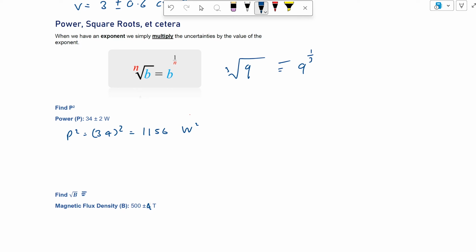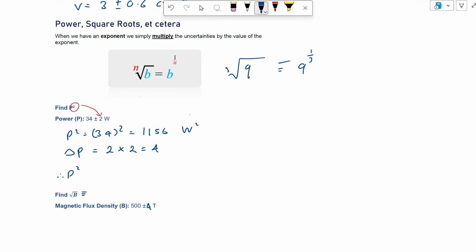And how do we calculate the absolute uncertainty now? Well, we simply take the exponent, which is 2, and multiply it with the absolute uncertainty. So delta P is equal to 2 times 2, which gives us 4.